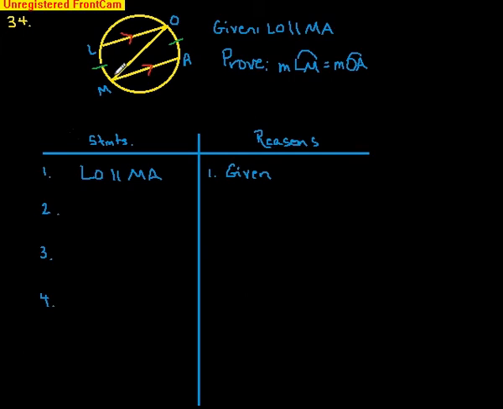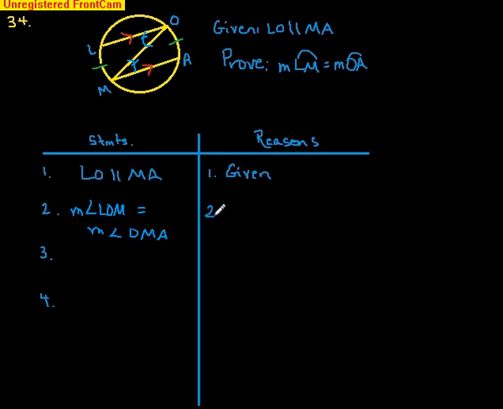So first thing we're dealing with, we want these two arcs to be equal. One thing we can do is, if we have parallel lines, we can say that this angle is equal to this angle. So we can say the measure of angle LOM is equal to the measure of angle OMA.